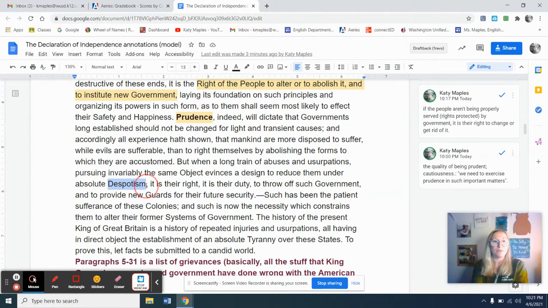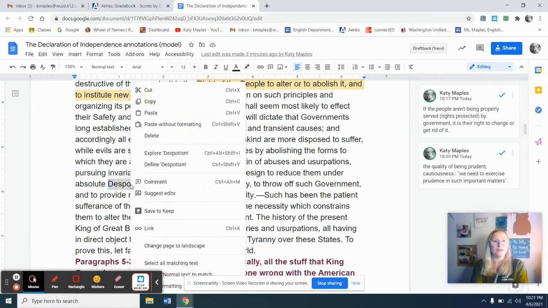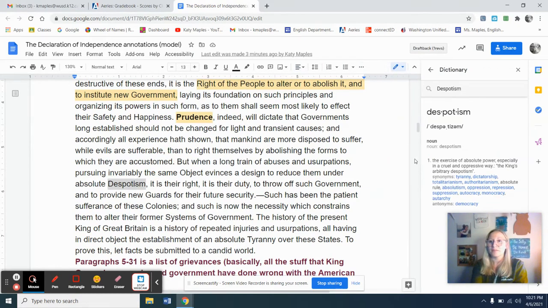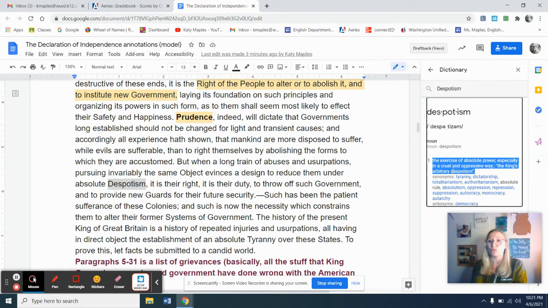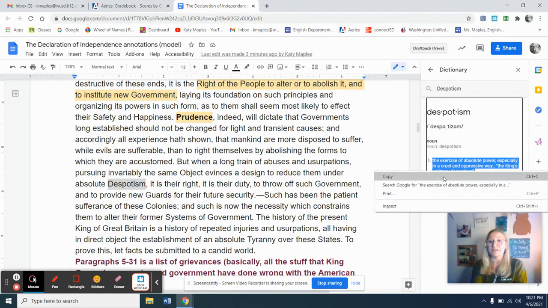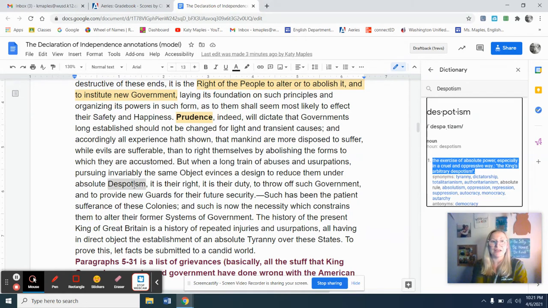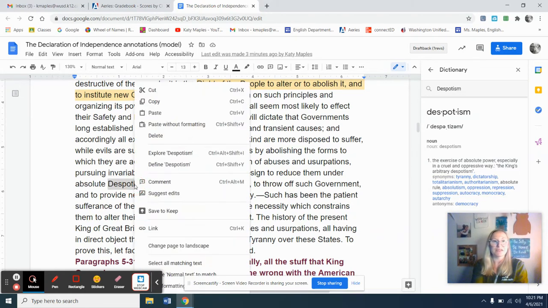If we want to look that word up, remember you can highlight, double click or right click, define. It means the exercise of absolute power, especially when it's cruel. That's what he's calling the king right here. That is a strongly negative word. You could certainly say that has pathos, right? It's going to stir up emotions in the audience, either anger or distrust of the king.